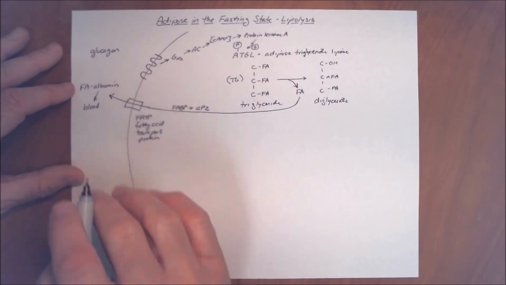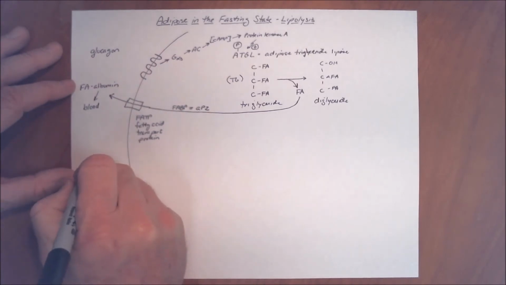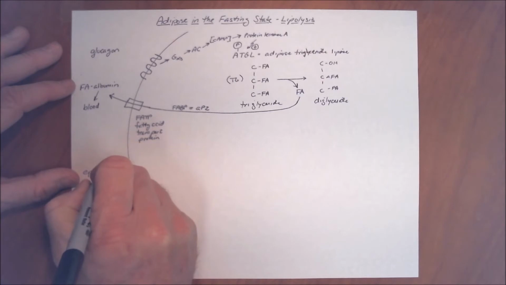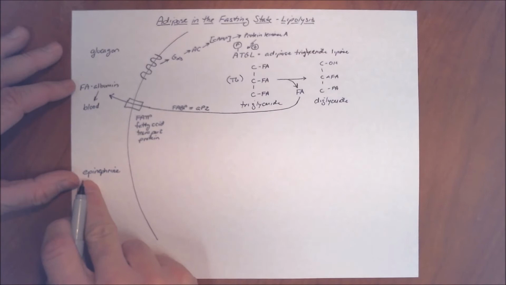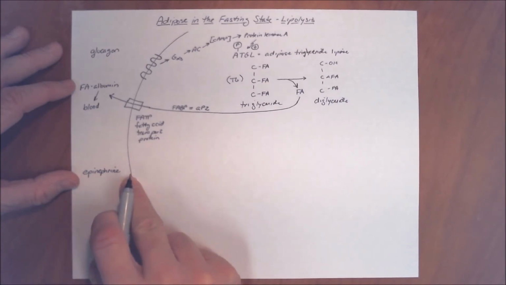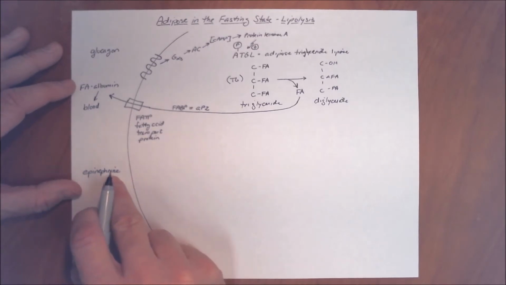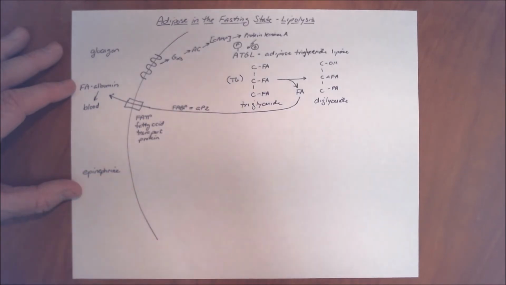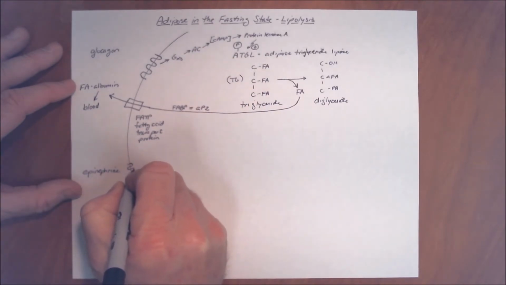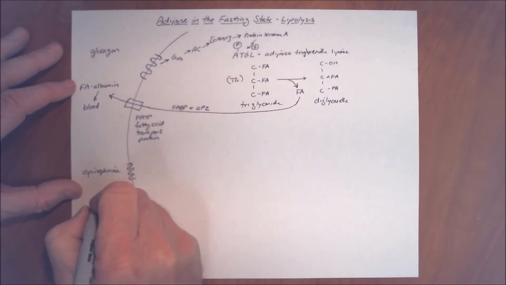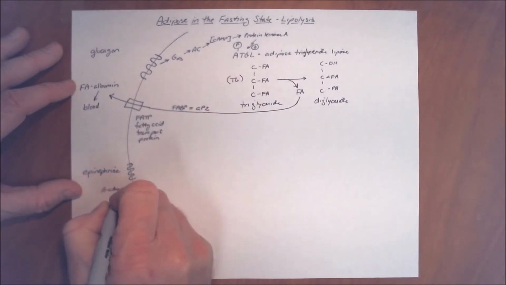Now, that's glucagon signaling. What happens when we get into our fight or flight reaction? Now, we saw in skeletal muscle that the fight or flight hormone, epinephrine, will signal for increased release of glucose from glycogen stores to prepare the skeletal muscles for increased activity because of the fight or flight reaction. Adipose cells will have the same issue here, and we have our beta-adrenergic receptor, 5, 6, 7.